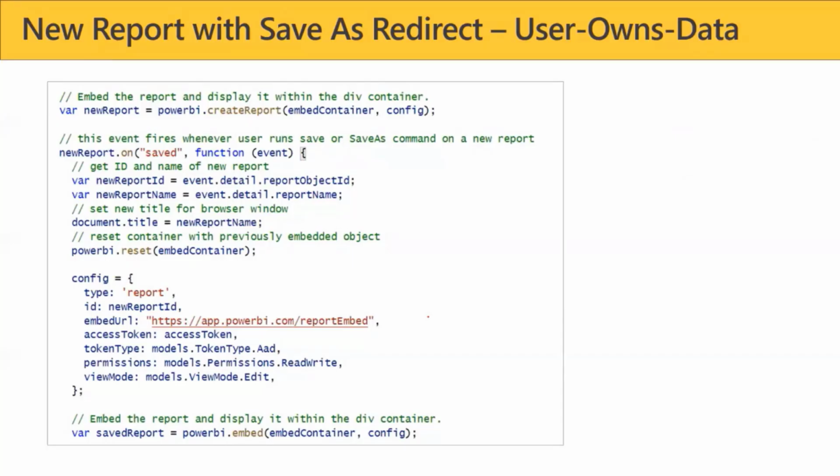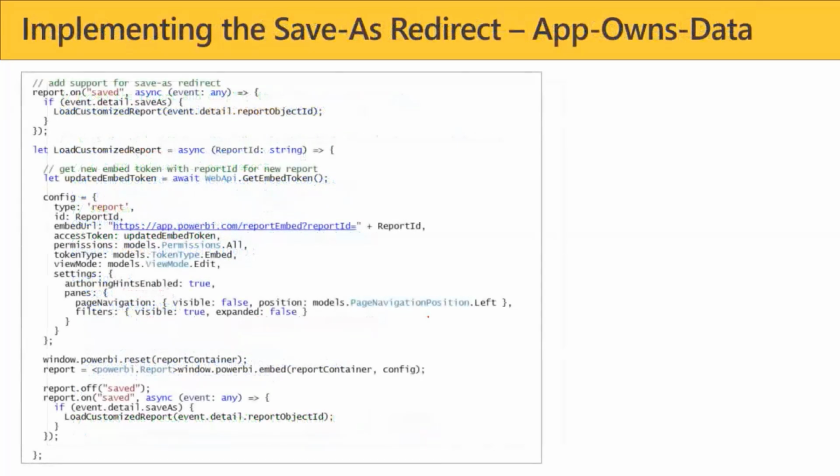Okay. Now, user owns data: everything can be done on the client because the event happens and you get the new ID and you can embed it. And typically your user is going to have permissions on the workspace, and we just created something new in the workspace. With app owns data, it's a totally different story.